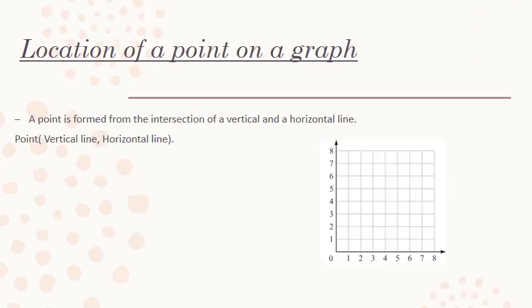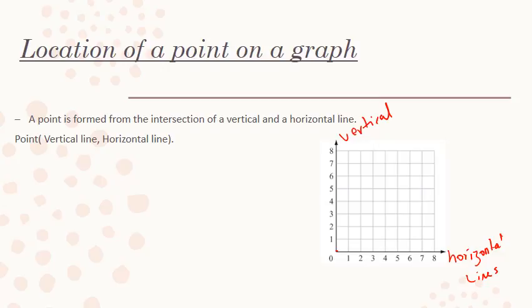Location of a point on a graph. Before we start, you can see this grid. This grid is composed of horizontal lines and vertical lines. Suppose that we have those lines. If you see, it's like the ruler.